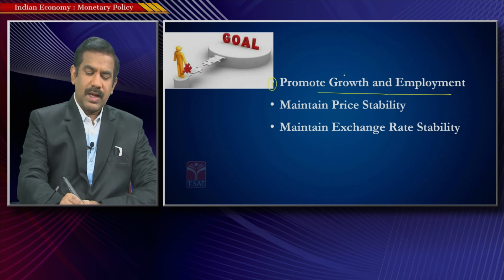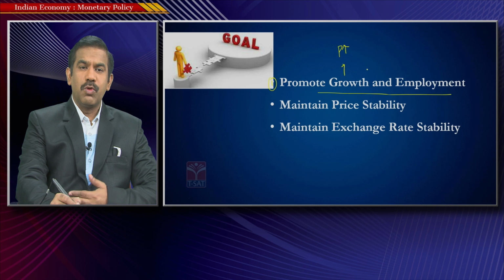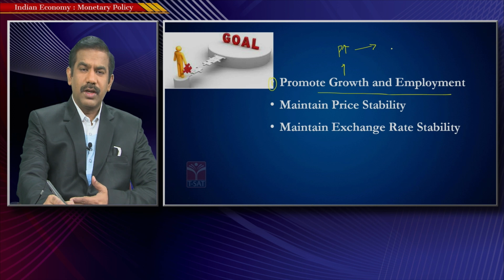In the last class I already discussed what growth means: an increase in production of goods and services in an economy. Whenever the economy is producing more and more goods and services, the economy is said to experience more growth. That is what we discussed in the session on measures of national income and growth. When production increases, don't you think we need to employ more and more resources? If you want to produce 10 chocolate bars, you need to employ some people.